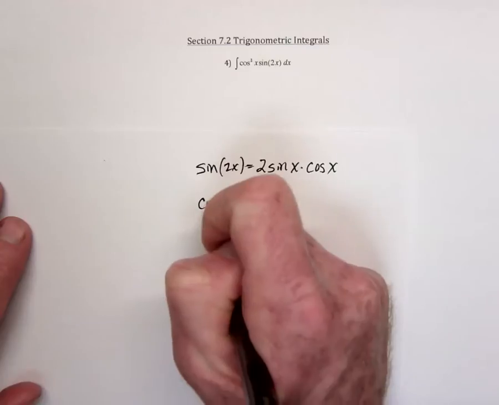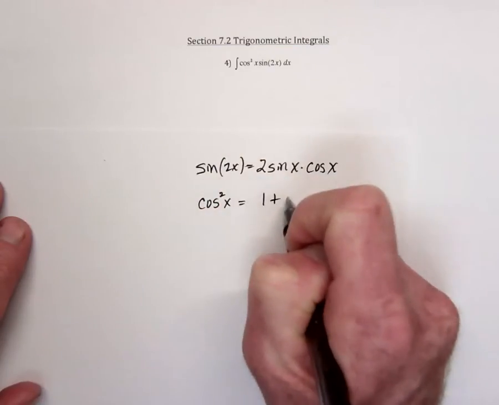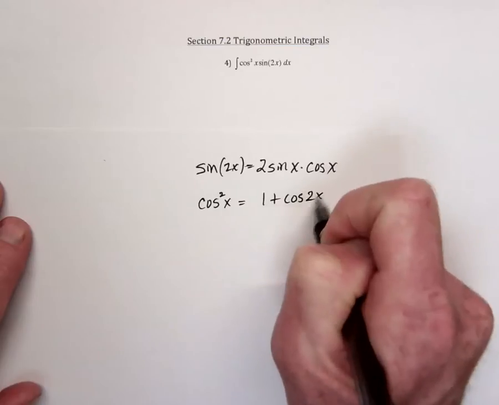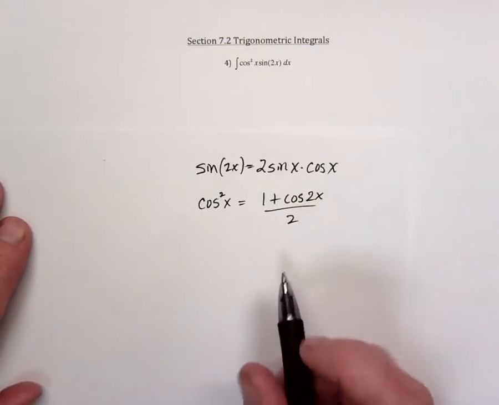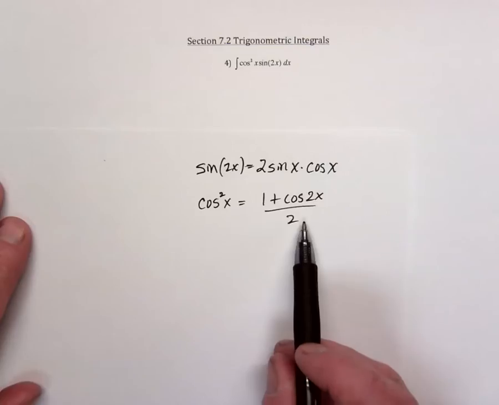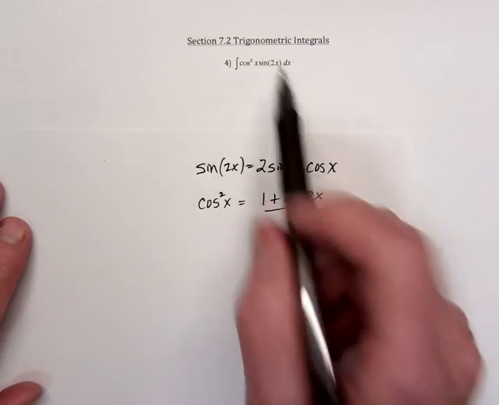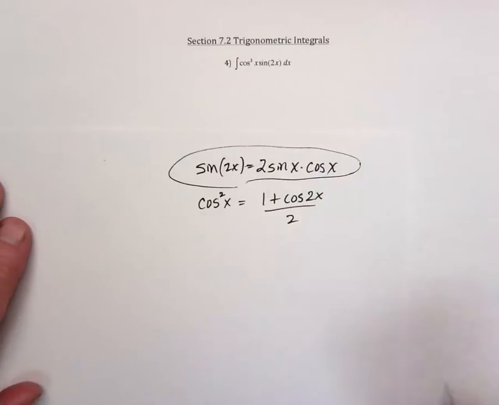There's also an identity for cosine squared, which is 1 plus cosine of 2x over 2. So I could use this first identity, change everything so that it has an x, or I could use this identity so that the trig functions both would have a 2x. I think I'm going to use this one.